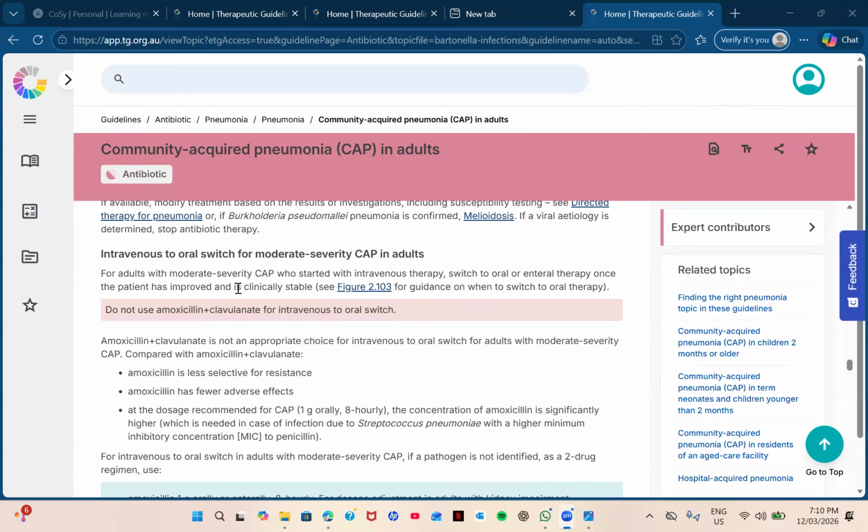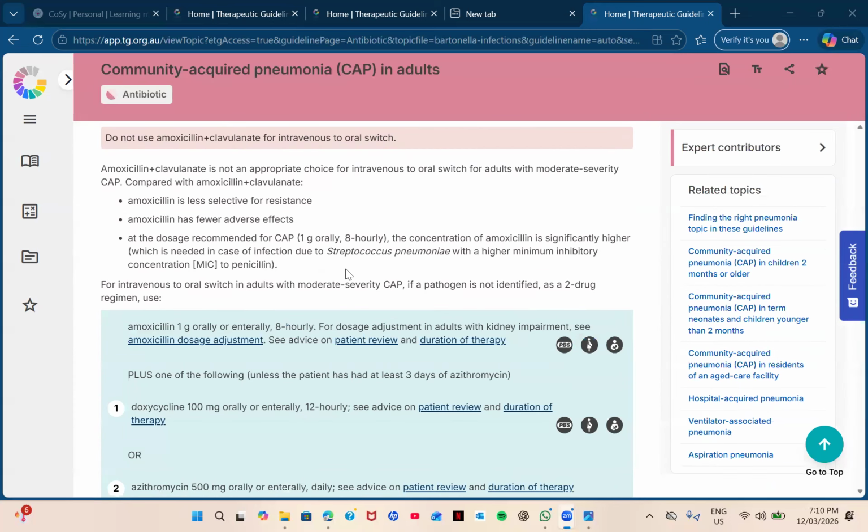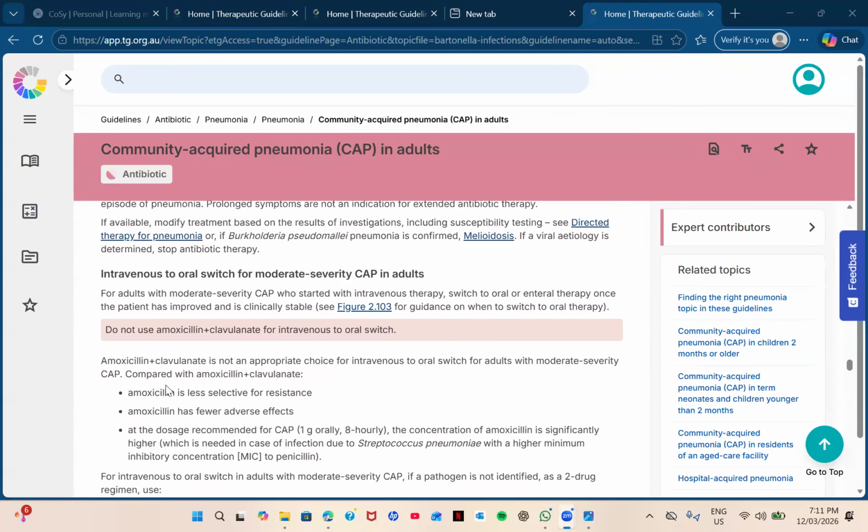What are the indications for switching from intravenous to oral therapy in these moderate cases? Here, for adults with moderate severity community-acquired pneumonia who started with intravenous therapy, switch to oral or enteral therapy once the patient has improved and is clinically stable.